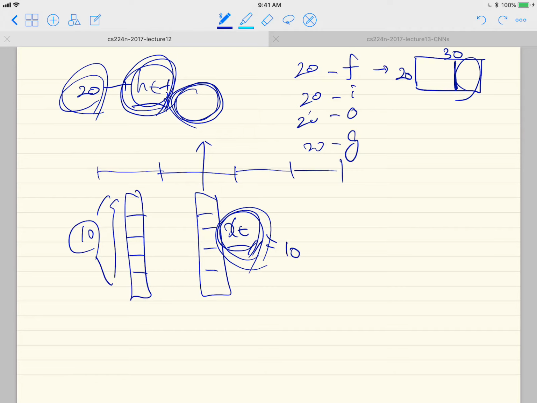And so we have this many parameters. So in this case, we want to make this fully connected layer part more efficient by using convolution.